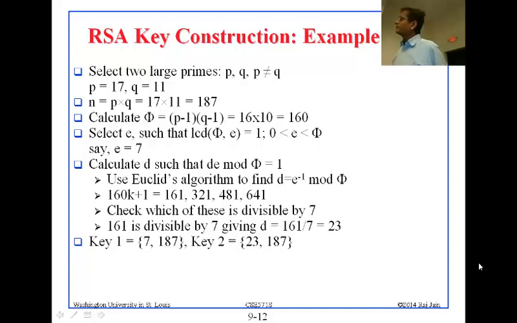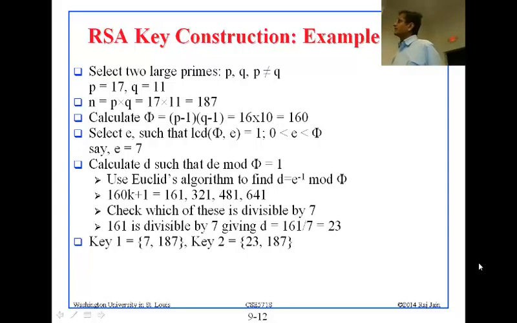So we calculate phi. Phi is P minus 1 times Q minus 1. So 16 times 10 is 160. Now we have to find a number which is relatively prime to 160. 160 is basically 32 times 5, 2 raised to 5 times 5. So if you don't select 2 and 5, you're okay. You can select 3, 7, any other numbers.